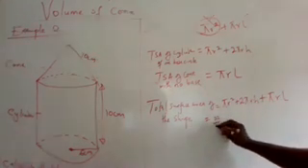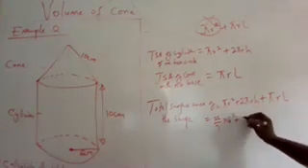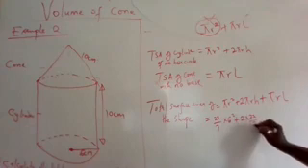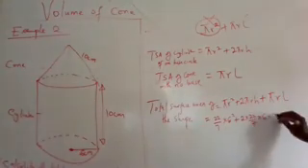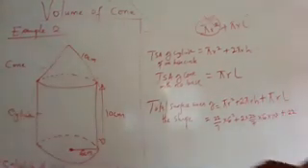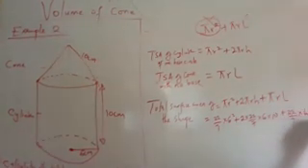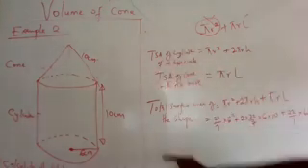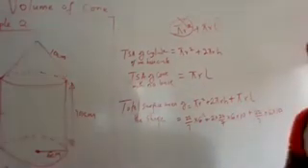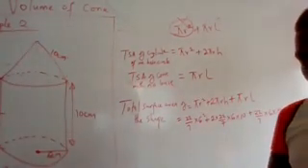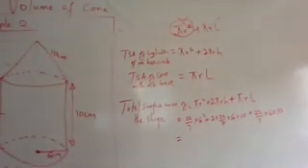So this is 22 over 7 multiplied by our base radius, which is 6 squared, plus 2 times 22 over 7 times our base radius 6, multiplied by the height, which is 10 centimeters, plus 22 over 7 multiplied by 6, multiplied by our slant height, which is 10 centimeters. So let's calculate and give the answer.